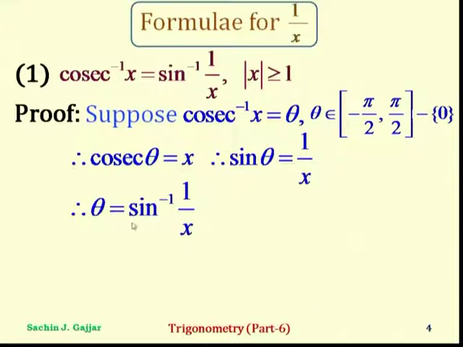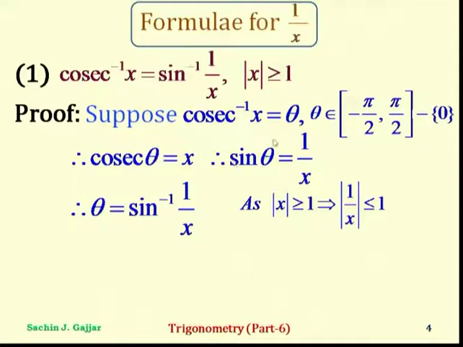So therefore theta equal to sine inverse 1 upon x. But there is one condition. As mod x greater than or equal to 1 implies 1 upon mod x less than or equal to 1, that's why we can do this. Theta equal to sine inverse 1 upon x.